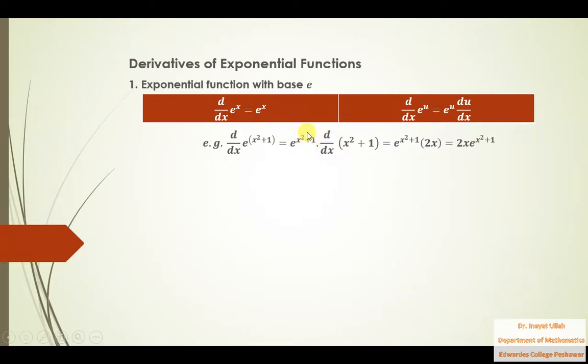This is u, x square plus 1. Now just find the derivative of x square, which is 2x, and the derivative of 1 is 0, so that is actually 2x, and writing this 2x in front of e power x square plus 1 is the derivative of e power x square plus 1.